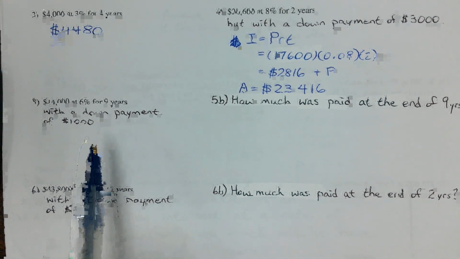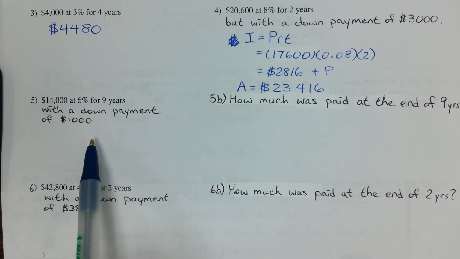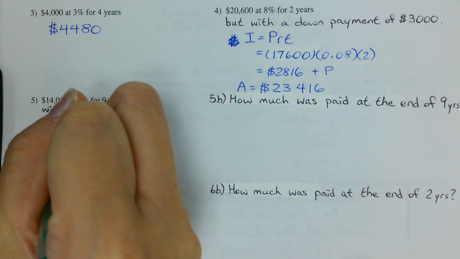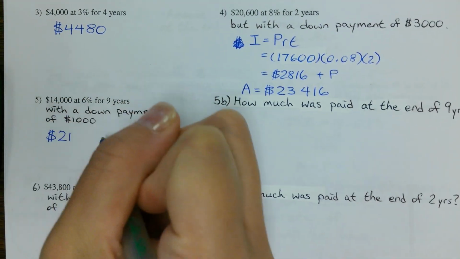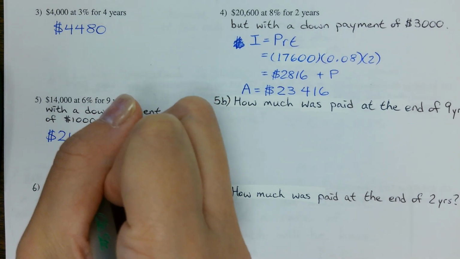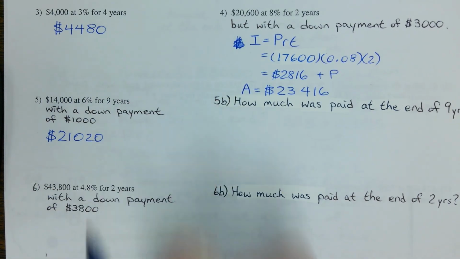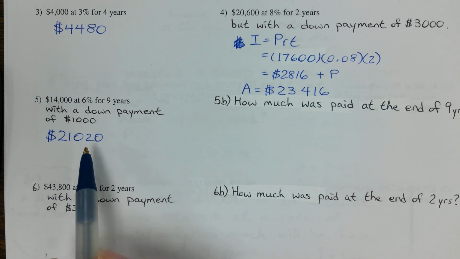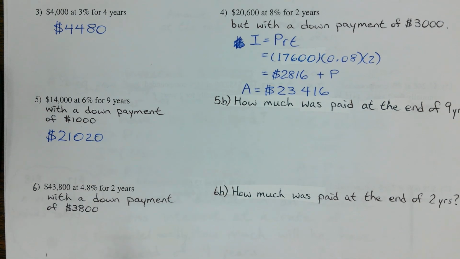Okay, so number 5 was similar. Jasmine, what did you get? 21,020. Okay, is that what you got? Did you not do it?